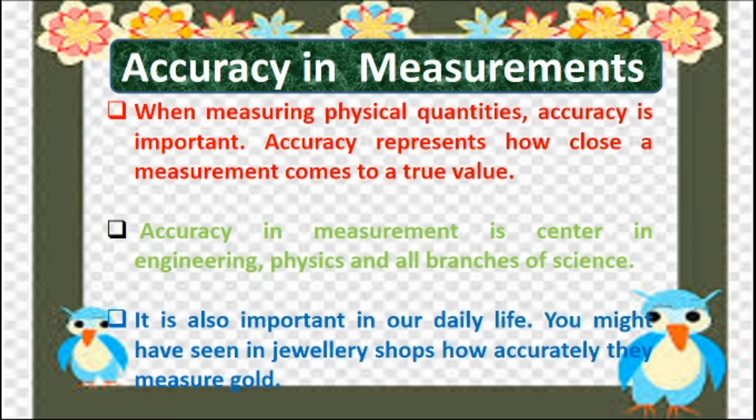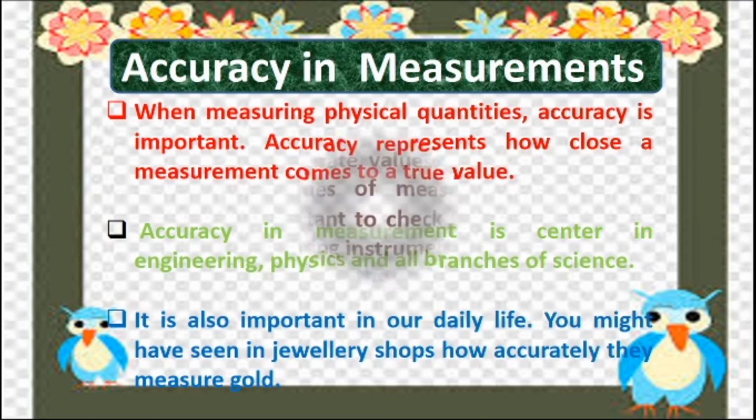Just think what will happen if a little more salt is added to food while cooking. So it is very important to be accurate when taking measurements. It's also important in our daily life. You might have seen in jewelry shops how accurately they measure gold, because accuracy in measurements is very important.